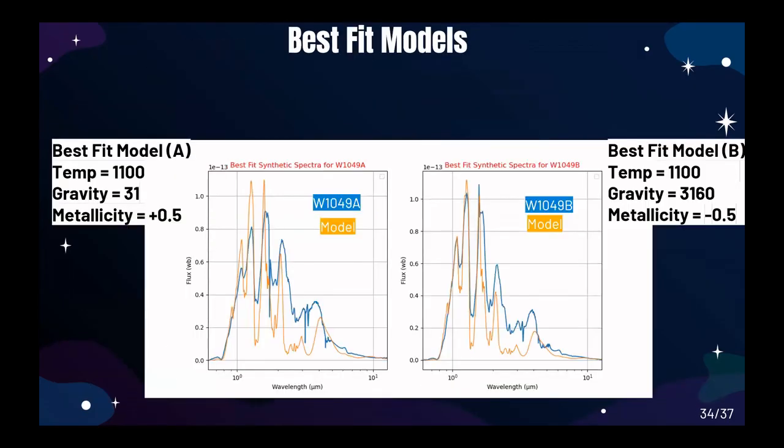So because we know the temperature and the metallicity should be that of close to the sun, it should be around 0 metallicity, instead of super-solar or, I forgot what the other one is, the opposite of super-solar. But essentially, the temperatures we know for a fact are 1300 degrees Kelvin and 1210 degrees Kelvin.